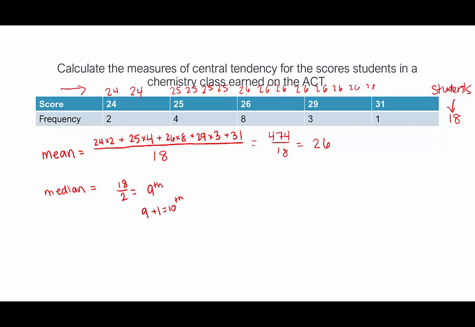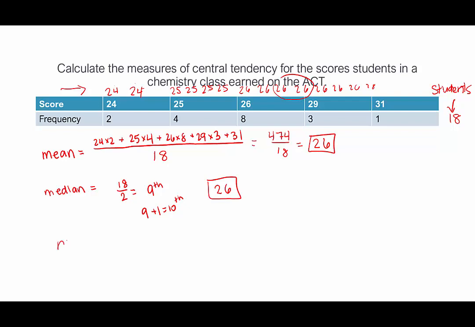So now I can go 1, 2, 3, 4, 5, 6, 7, 8, 9, and 10. Yes, 9 and 10. So I know the median is going to be 26. And if you just write these numbers out, you will find that you end up with 26. So the median is 26.